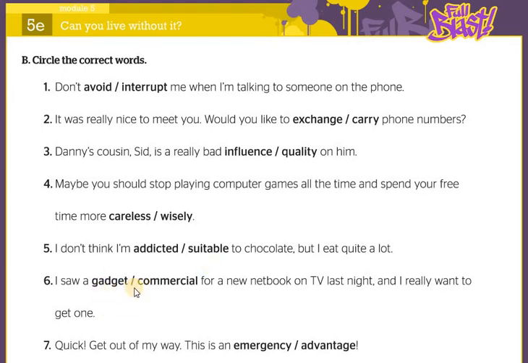Gadget, okay, we know gadget or kind of tools, or device. It's a kind of old word that we used to say for a device, right? Commercial, okay, something that is commercial.